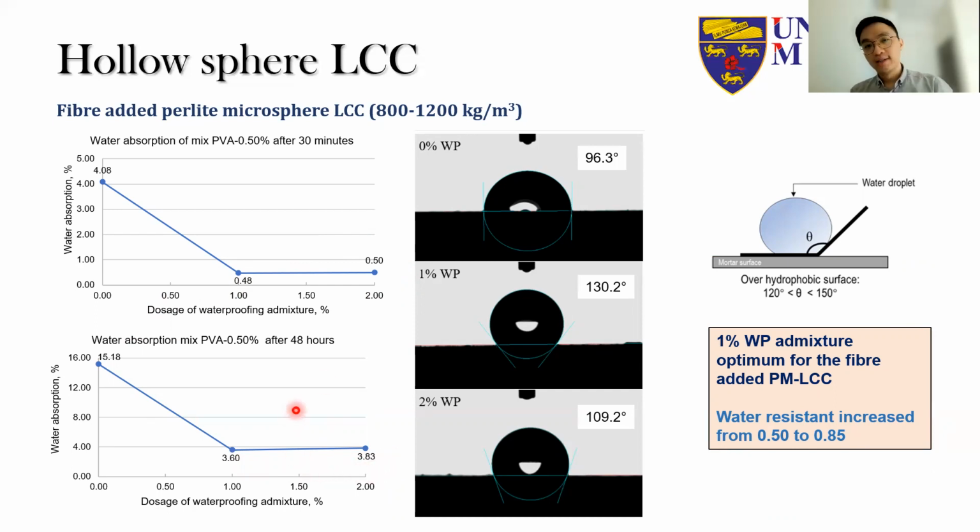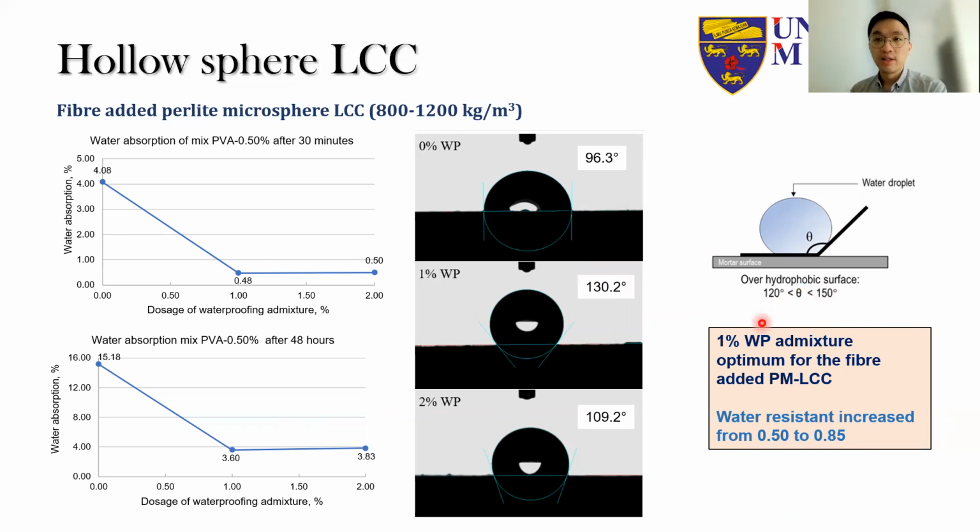Then we also look at the hydrophobicity of this LCC with the inclusion of waterproofing admixture. So when we put in 1% of this waterproofing admixture, the water contact angle actually increases from around 96 to 130. So at 130, this angle is actually considered quite a high hydrophobicity.